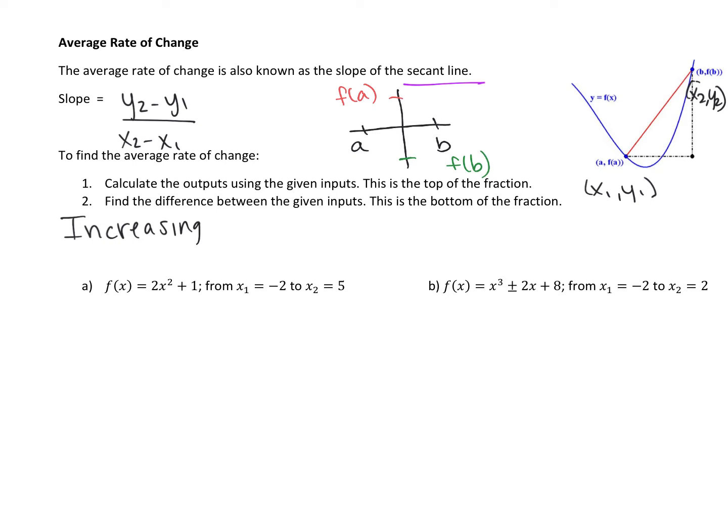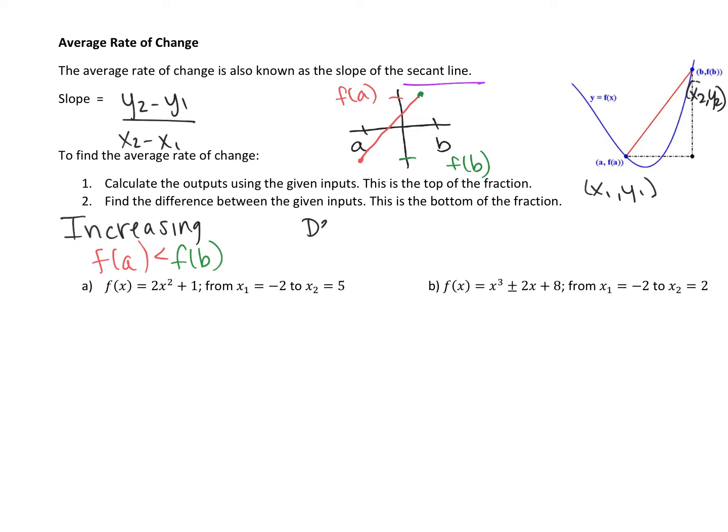We can look at those Y values essentially and tell what's happening to the function. For instance, if F of A is smaller or lower than F of B, we know the function is increasing, because what that means is here is A right now at a lower Y value. Here is F of B at a higher Y value. So the function has to be increasing.